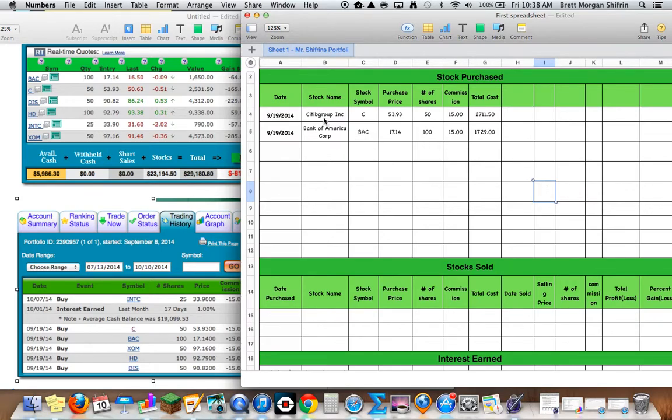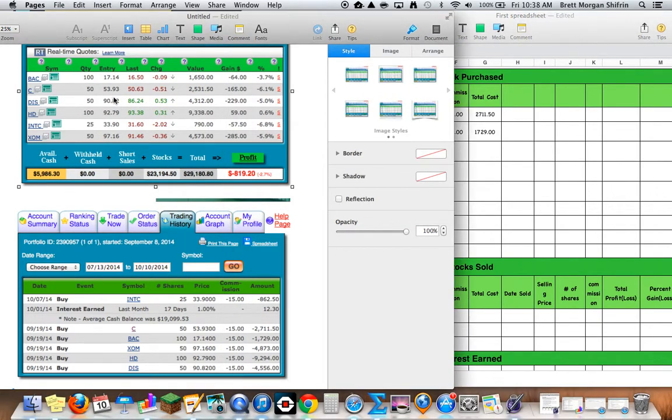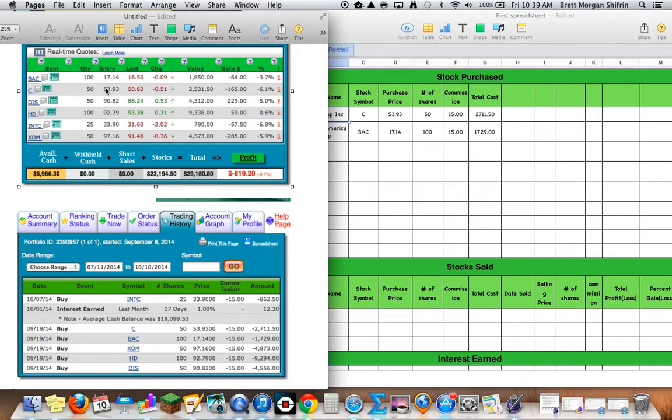You can see Citigroup. There's a misspelling here, so I'm going to fix that. Citigroup Inc. That's this one here. You can see that I bought, oops, get rid of this format if I can. C is the symbol.